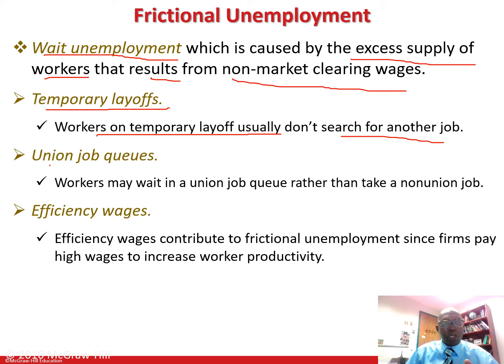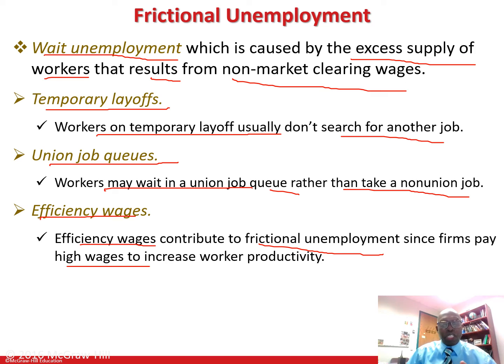Also, union job queues. Workers may wait in a union job queue rather than take a non-union job. Also, we have efficiency wages. Efficiency wages contribute to frictional unemployment since a firm pays higher wages to increase worker productivity.